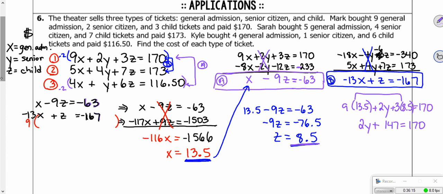So if we move the 147 over, we have 2y equals 23. So y equals 11.5. So we have x is 13.5, z is 8.5, y is 11.5.